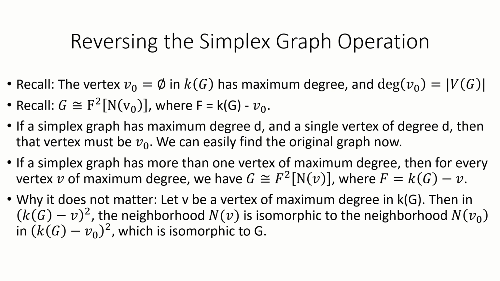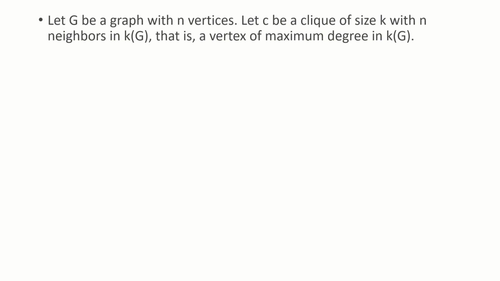It's because if V is a vertex of maximum degree in the simplex graph, then the neighborhood of V in the graph K of G minus V squared is also isomorphic to the original graph G. To see why, suppose we have a graph G with n vertices and a clique C of size k with n neighbors.